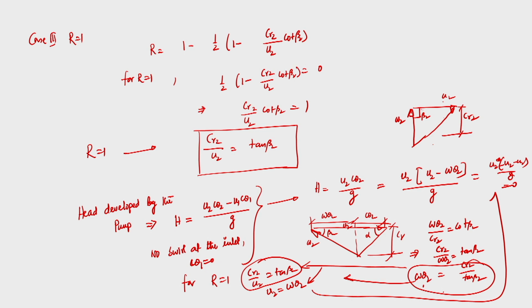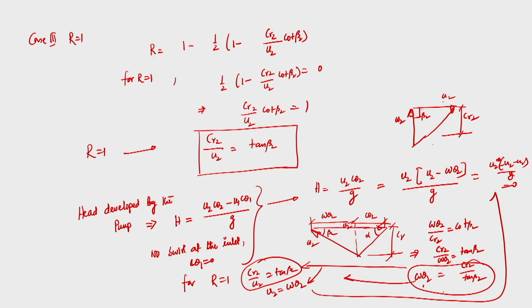We have been able to show that if there is no swirl at the inlet, CR2 by U2 is tan beta 2, that is a purely radial outlet, and the head developed by the pump will be U2 C theta 2 by g, that is U2 minus W theta 2 by g.